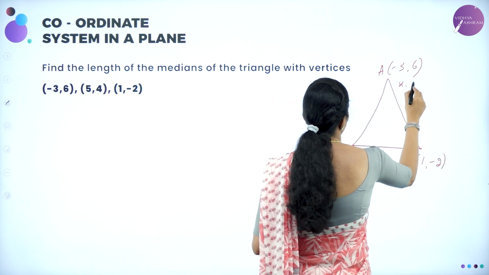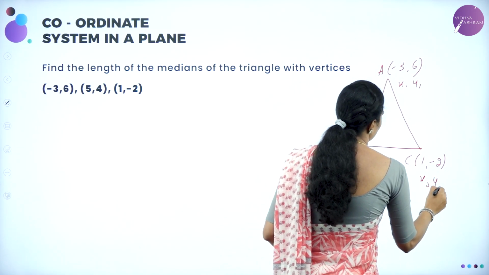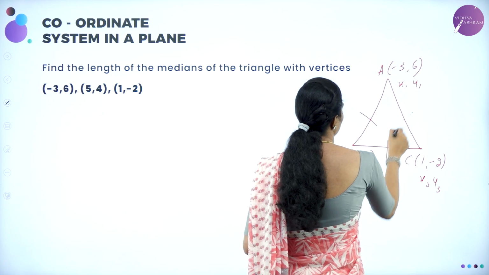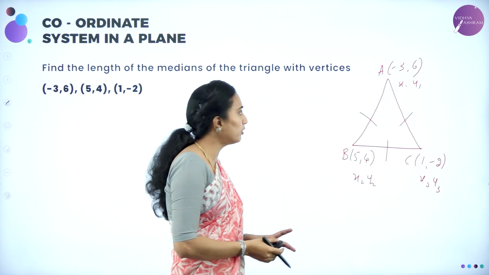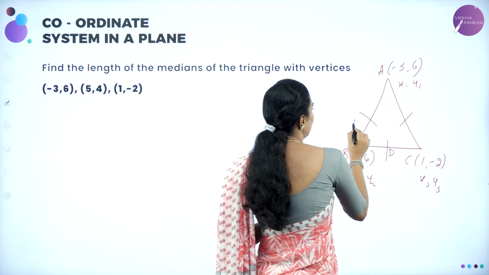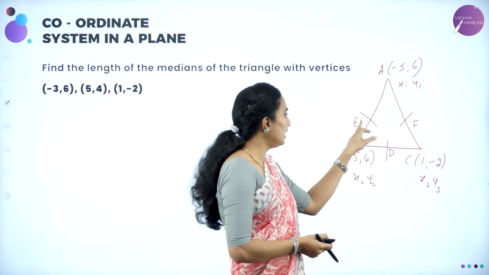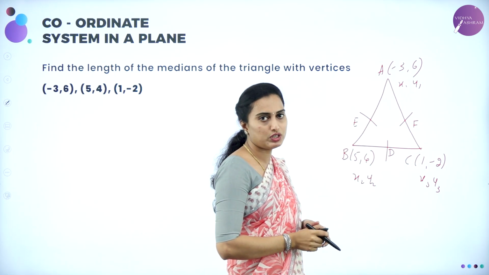So this is x1, y1, x2, y2, x3, y3, right? We need to find the length of the medians. Let the medians be AD, BE and CF. We need to find the AD distance, then the BE distance, and then the CF distance.